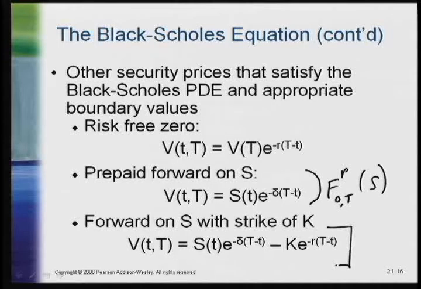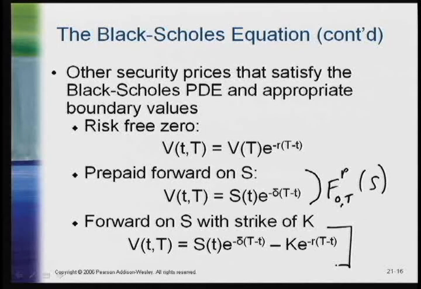A forward contract on S with a fixed strike. We have a forward contract that we've negotiated, and it has a forward price of K. K's fixed. This is a security that we can buy and sell today, has value positive or negative depending on the value of K and the other parameters. This is a security on S. It indeed is a derivative security based on S. It therefore must satisfy this differential equation.